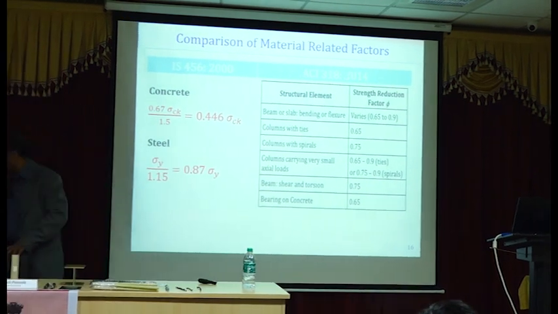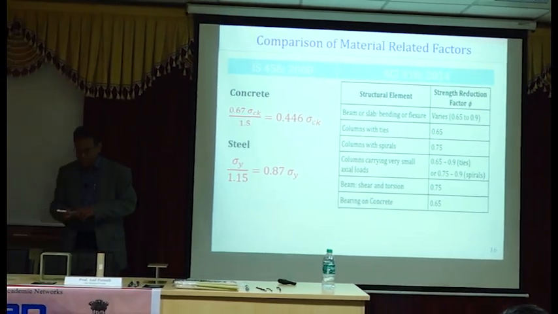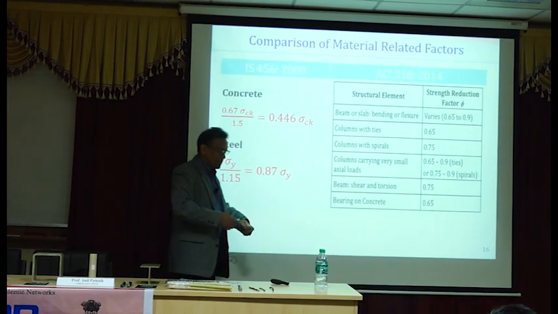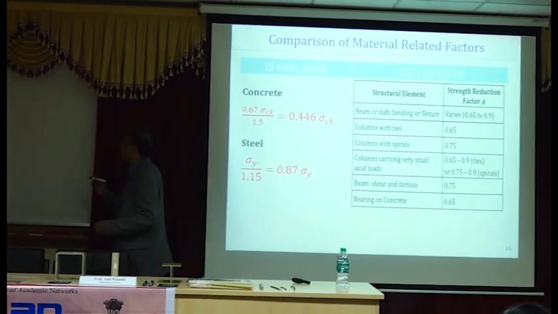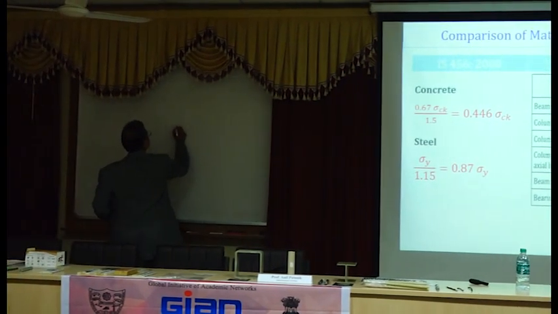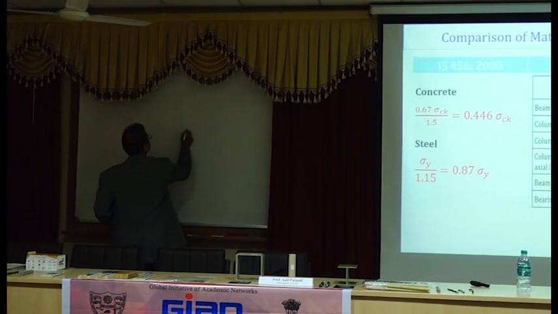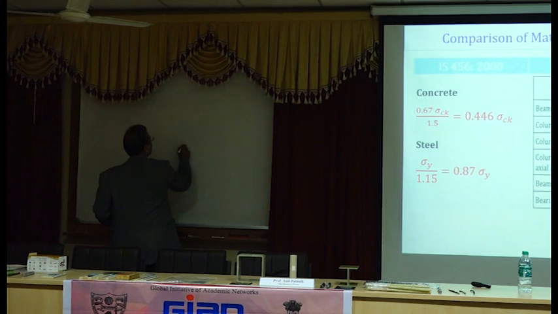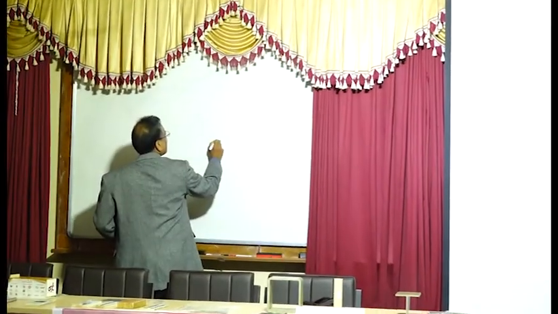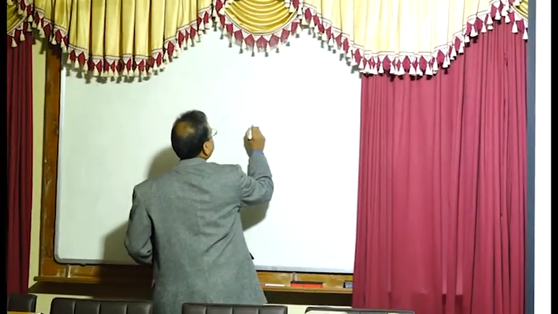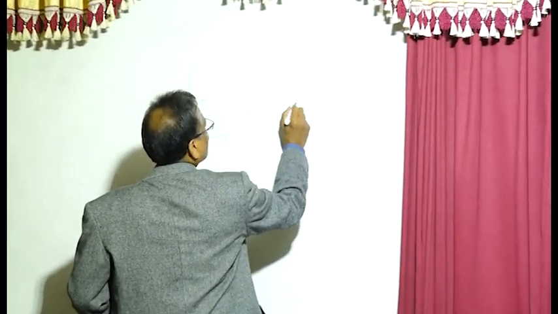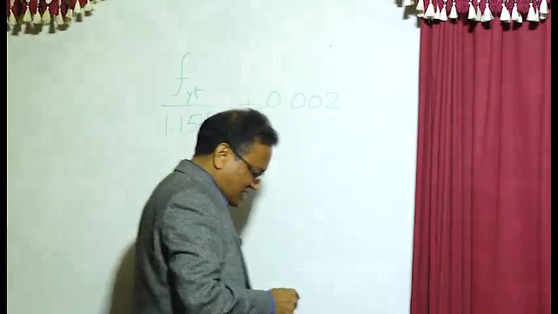When do you classify a section to be very ductile in IS 456? I think there is an equation: Fy over 1.15 Es plus 0.002. Do you remember this?